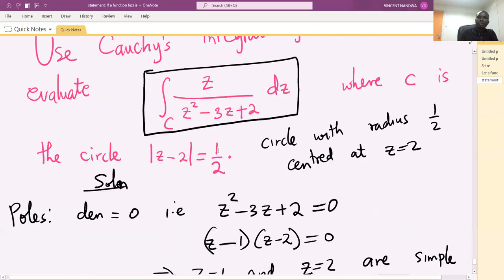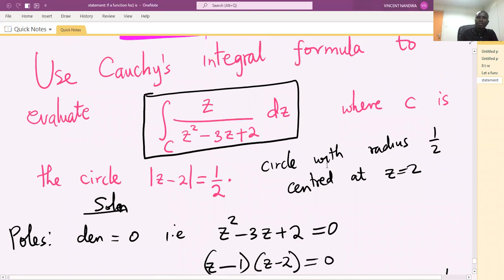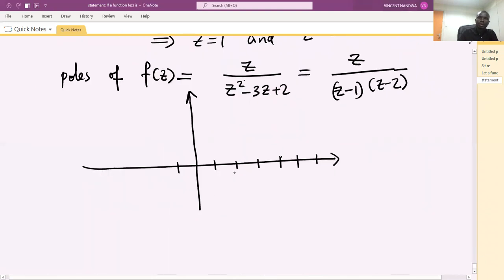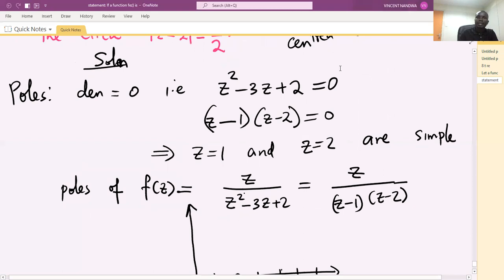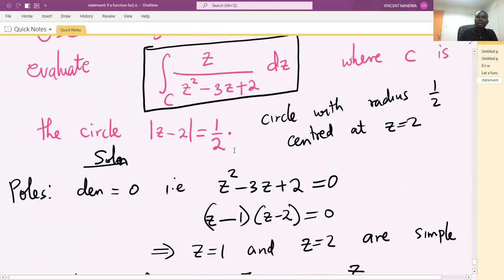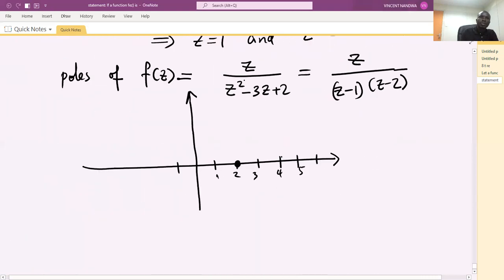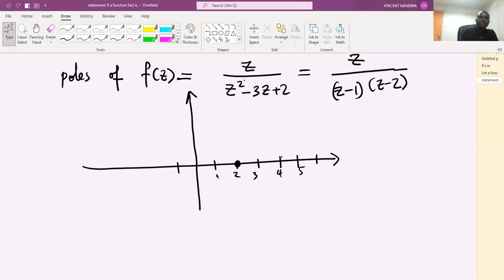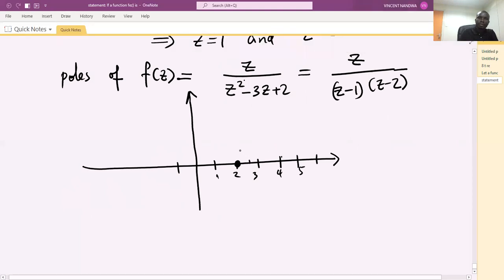By definition, the center is at 2. If I call these 1, 2, 3, 4, 5, this is the center of that circle, and the radius is a half unit. So I only need to draw this, which would be 1.5 and this 2.5.